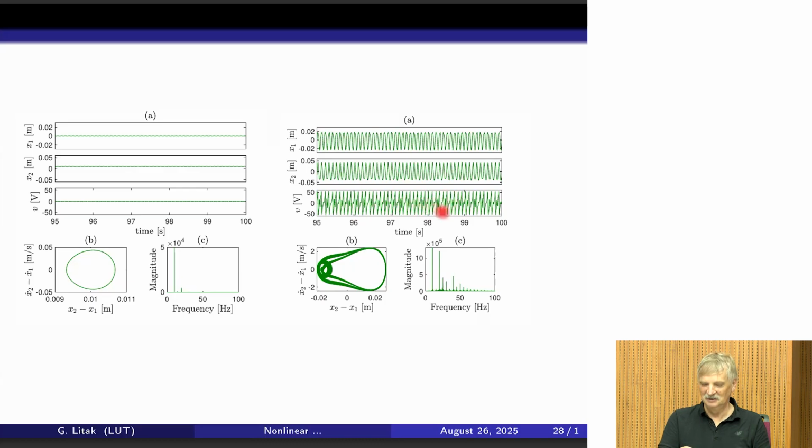Yeah, so this is the voltage. However, this is the displacement. So the displacement also seems to be periodic. Yeah, maybe quasi-periodic, but for quasi-periodic, we need to calculate what is the frequency with respect to the other frequency.